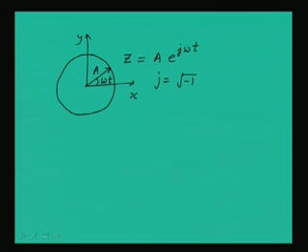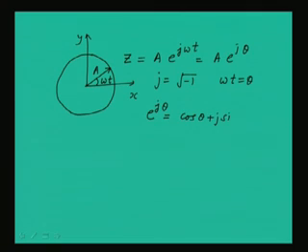Now the advantage of this is that we can write this in terms of the angle, because omega t is nothing but theta. As we already know, we can express this using Euler's equation as A cos theta plus j A sin theta.